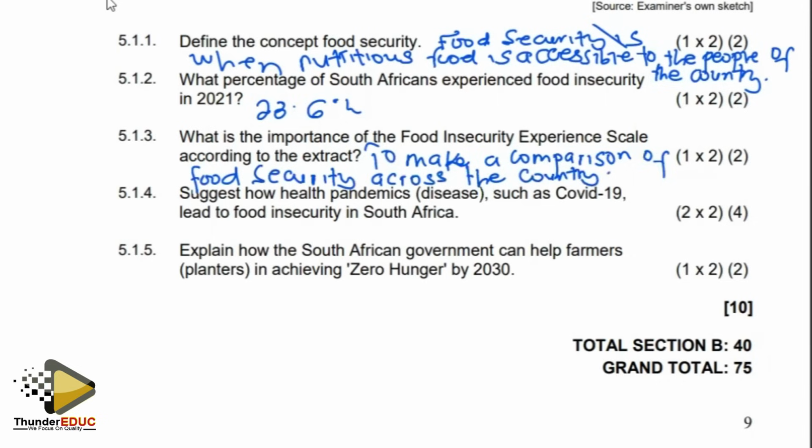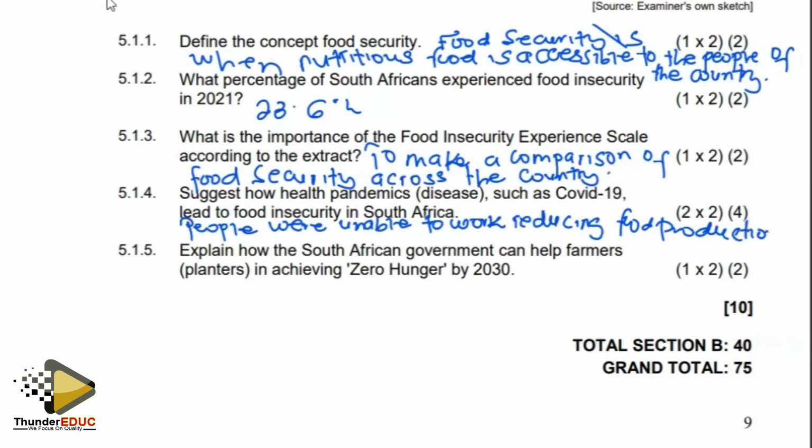Suggest how health pandemics such as COVID-19 led to food insecurity in South Africa. One was people were unable to work, reducing food production during COVID.